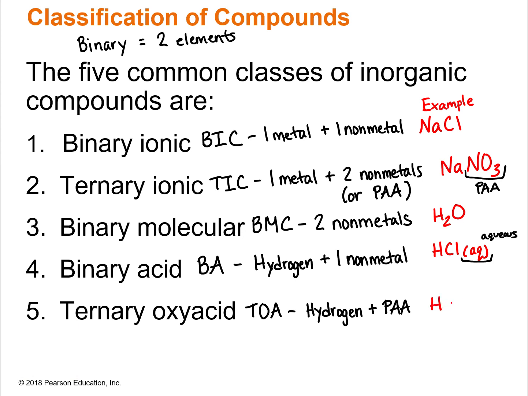An example is nitric acid, and we'll talk about how to name those. Again, you have the AQ after it for aqueous. So binary means two elements. Ternary means three.